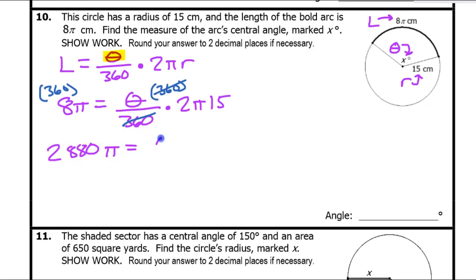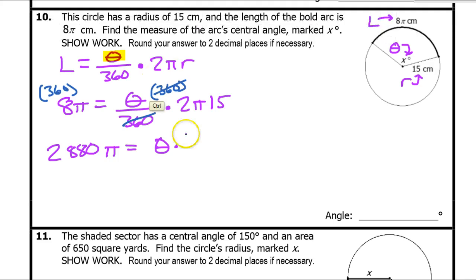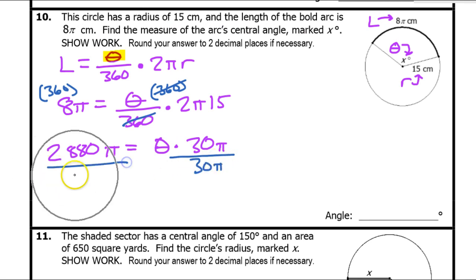And that leaves theta times, so 2 pi times 15, that's 30 pi. Let's go ahead and just put 30 pi down. So remember, we're trying to get theta by itself. So that means we need to divide both sides by 30 pi. That will get theta alone.